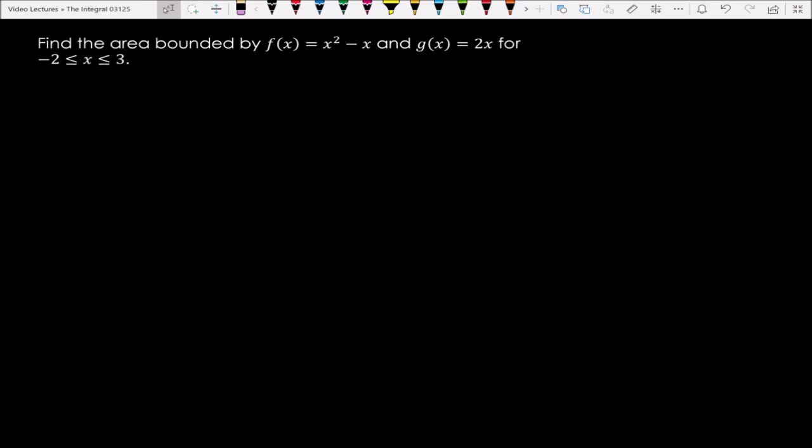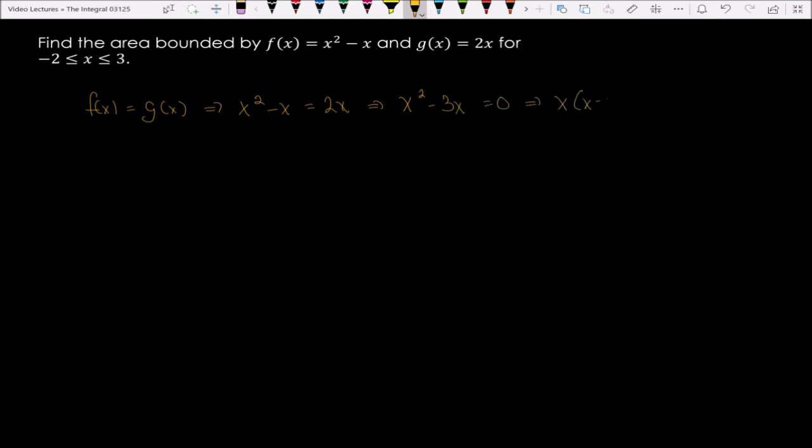Again, the first thing we want to do is check to see if these two curves are going to intersect at all in this interval. Right, so x squared minus x is equal to 2x. This means x squared minus 3x is equal to 0.